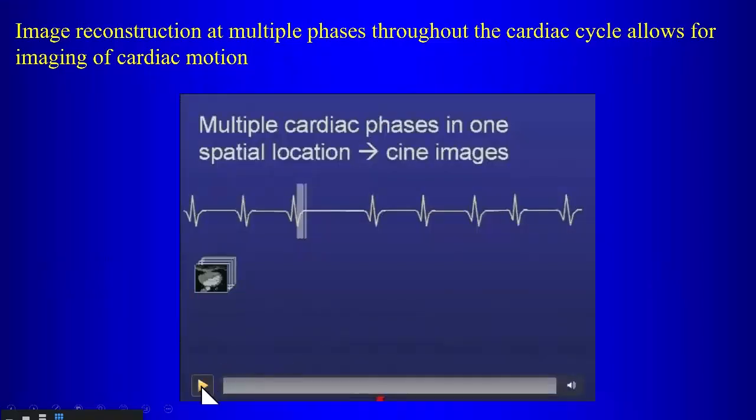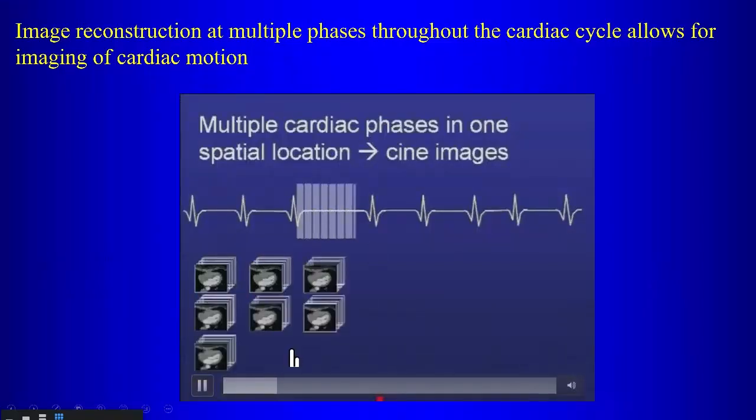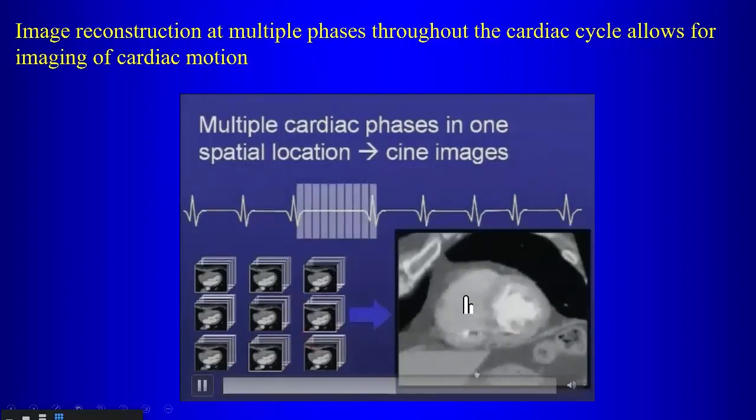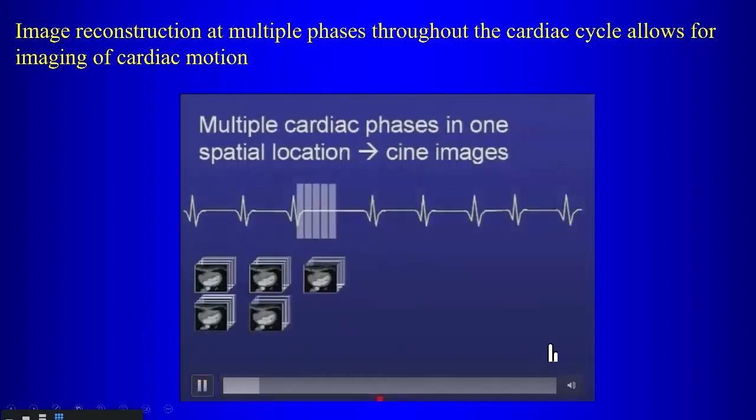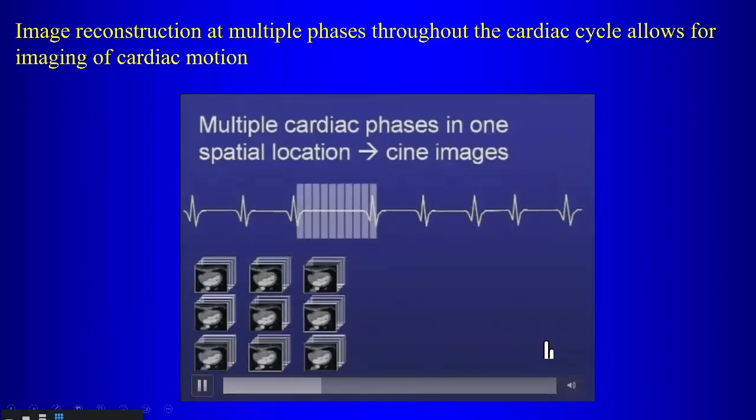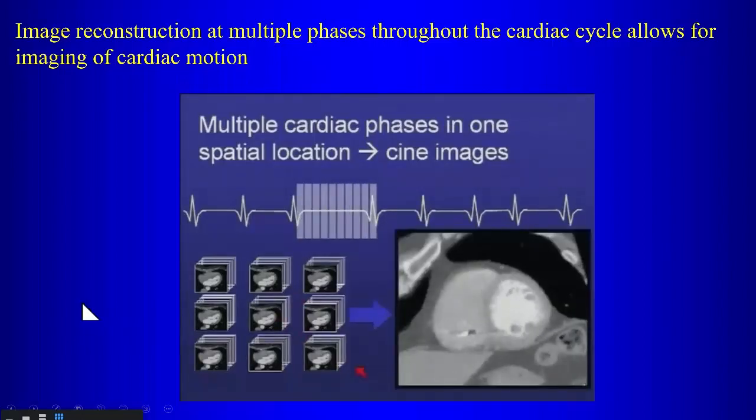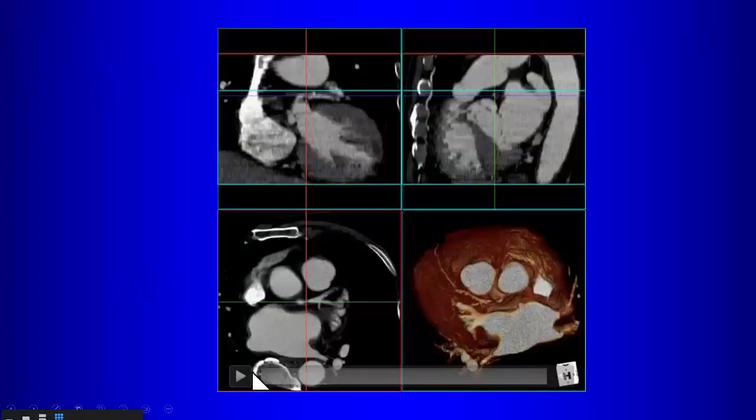And once you've generated all of those images, you can string the images together, and then you get this nice short axis view that plays like a movie, just like we did with MR. So you can look at wall motion, and from the whole stack of images, you can also calculate functional data like ejection fractions, cardiac output, stroke volumes, etc., just like you do for MR. So the same thing is true for CT, only you have to make sure that you use retrospective gating if you're going to do that.